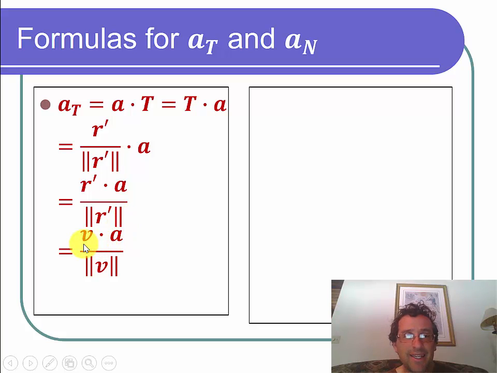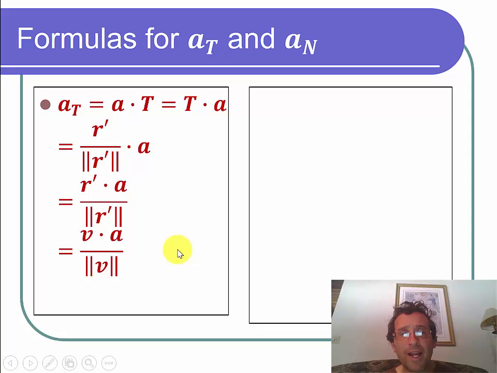And then finally, r prime is the velocity vector, if you remember. So we could say that the tangential acceleration of a vector valued function is equal to the dot product of its velocity vector and its acceleration vector divided by the magnitude of the velocity, which is sometimes called speed.